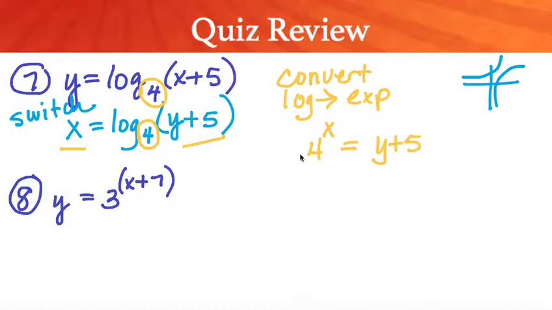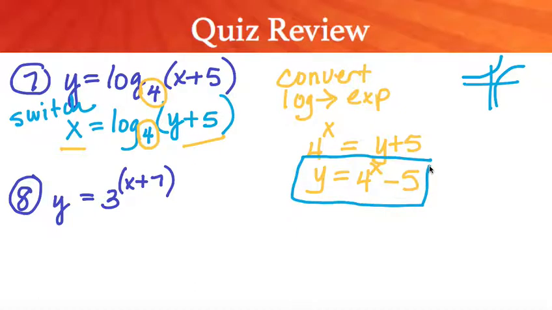To finish this off, I have to subtract the 5 over. I'm going to write y equals 4 to the x, and subtract the 5 over, so it's going to be minus 5. This right here is your final answer.